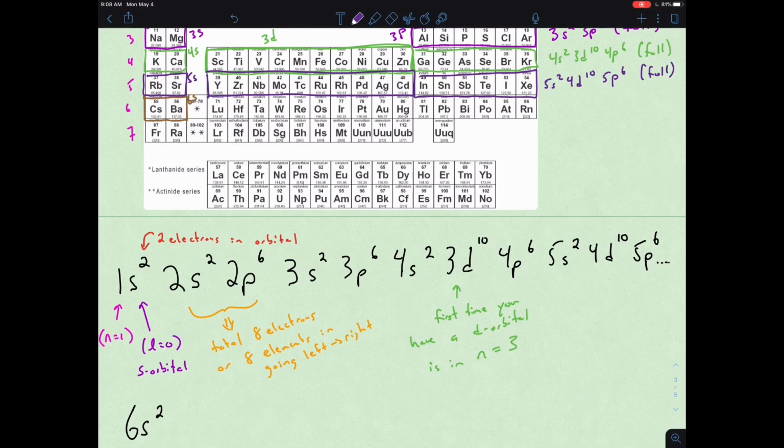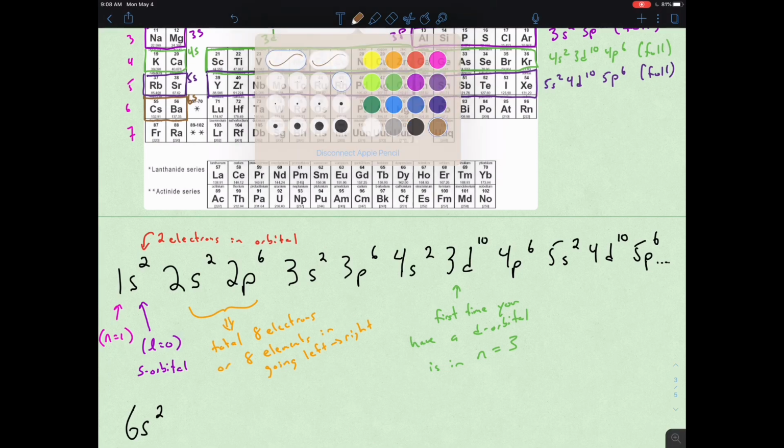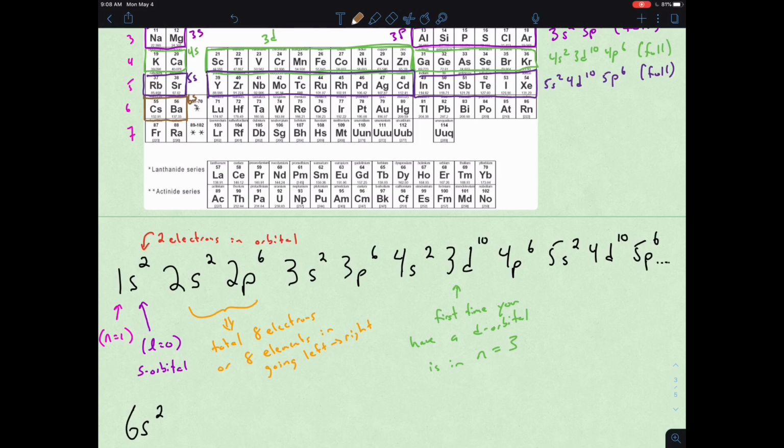And now what's happening here is this lanthanum area, which is actually pointing us down to here. If we count up the numbers, cesium is 55, barium is 56, and then if we keep going, we have lutetium 71, if we're going from left to right. So there's a whole slew of elements that are missing, and that's the lanthanide series below.